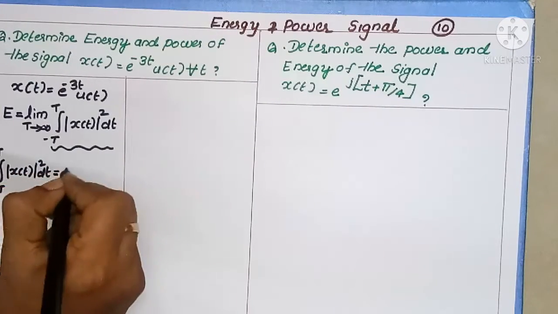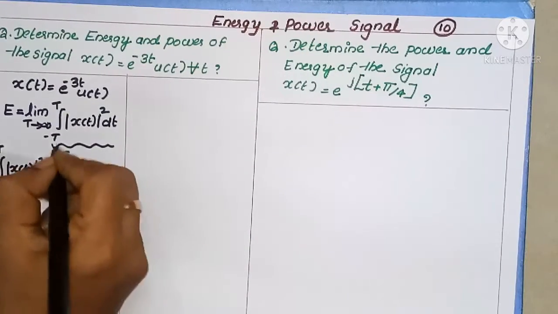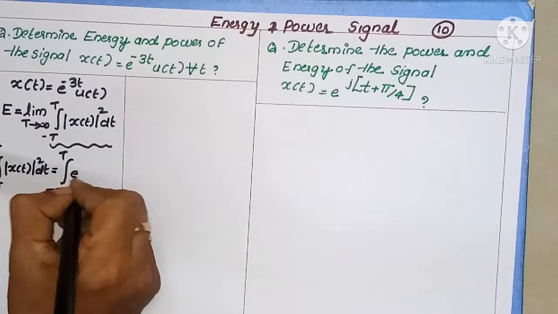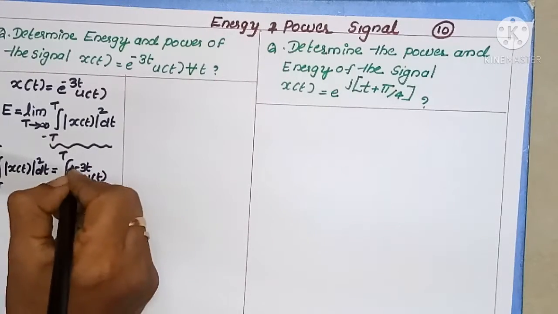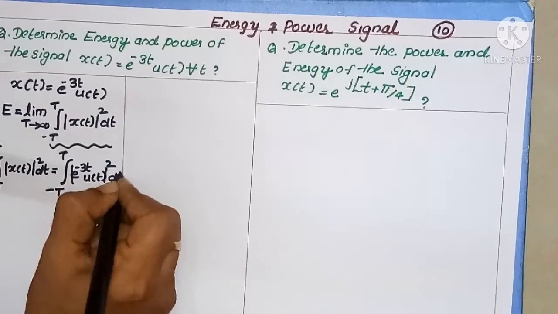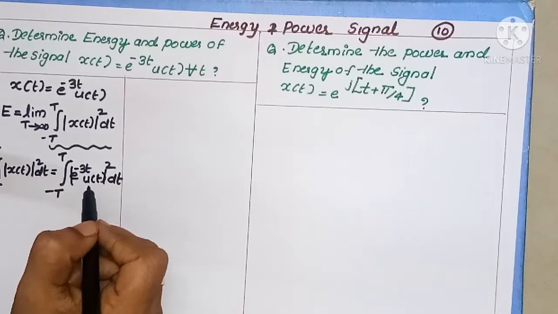It should be equal to the integral of minus t to t, applying the signal e raised to minus 3t u of t modulus square dt. Here we have a unit step signal.